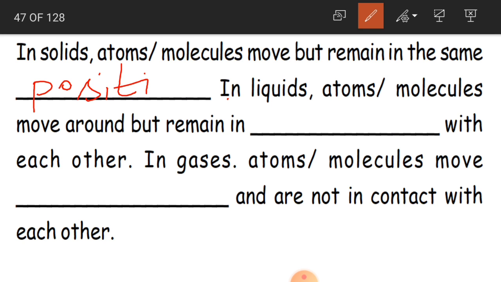Okay, and in liquids, atoms or molecules move around but remain in dash with each other. So in liquids again what happens, children? They are not very freely moving, but they move around but remain in contact with each other.